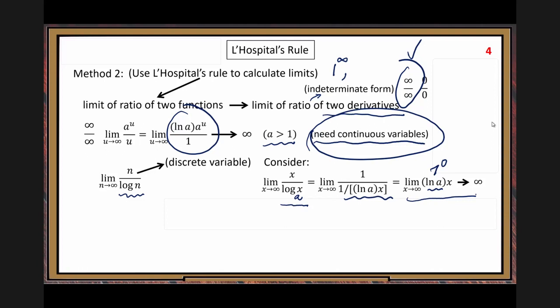The next question: after we get this result, can we go back? Because our goal is to calculate the limit of n over log of n. That's our original question.